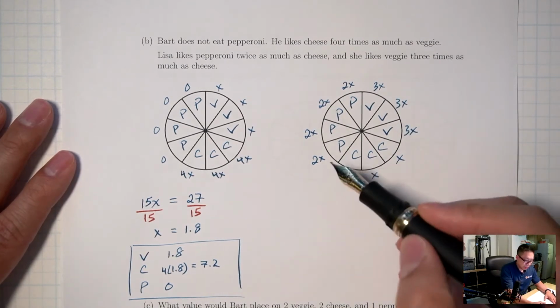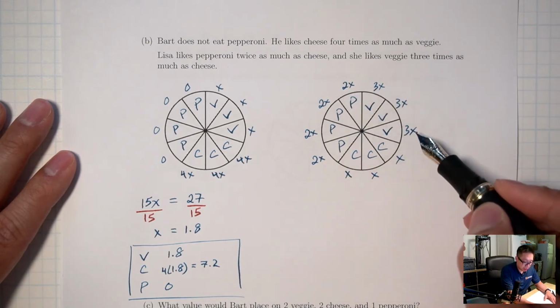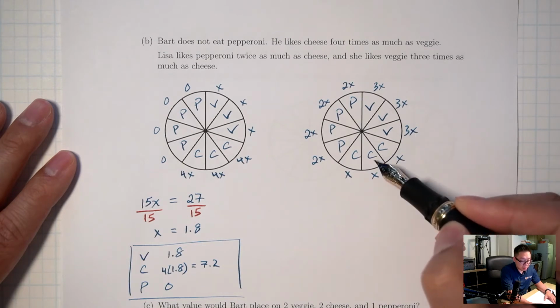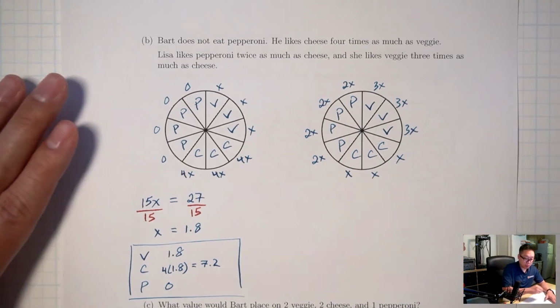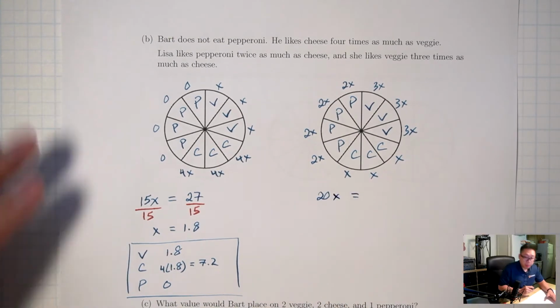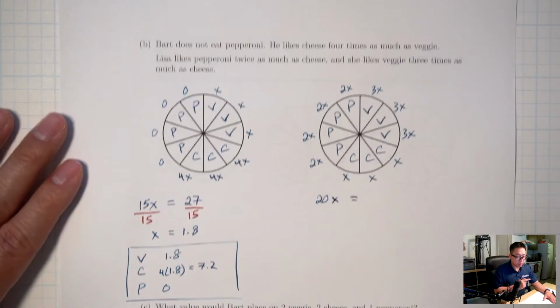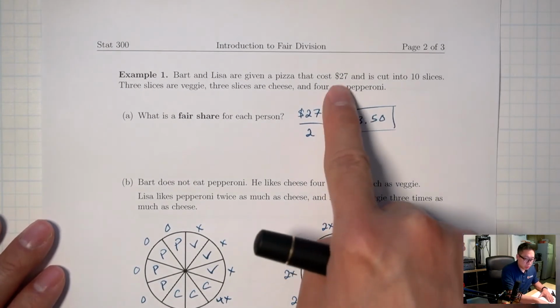What is that? Okay, the 2's, that's 8. The 3's are 9. So 8 plus 9 is 17, 18, 19, 20. So 20 x's all around the pizza. I want the entire pizza to equal the total. Okay, the total, be careful here, is 27.